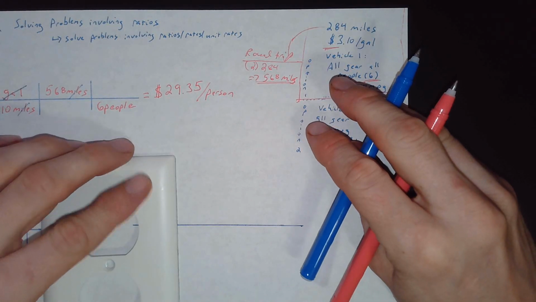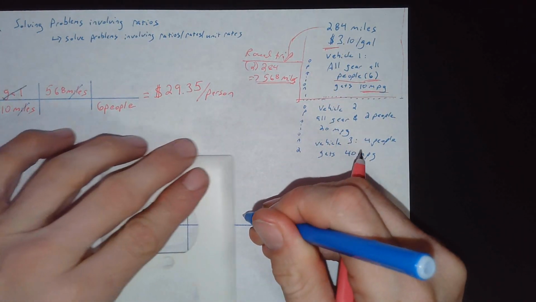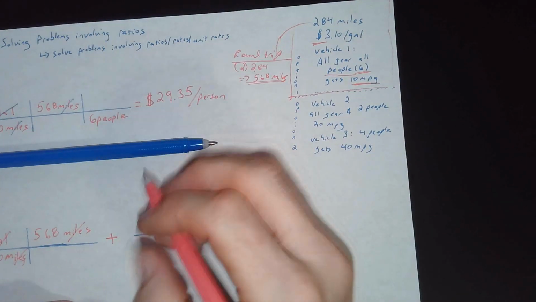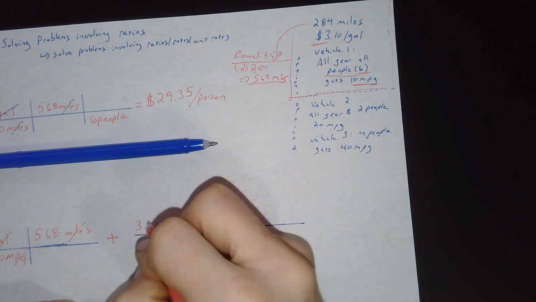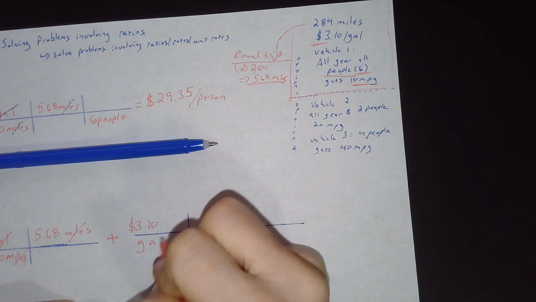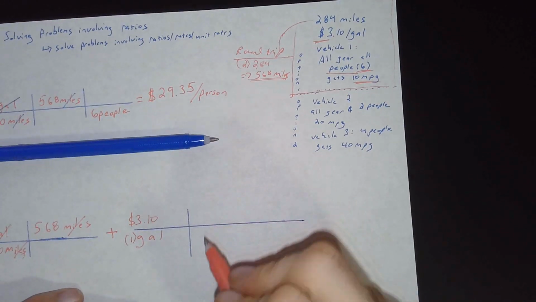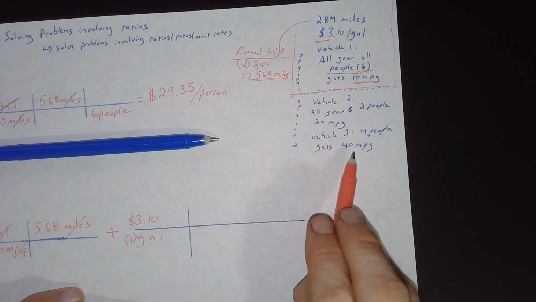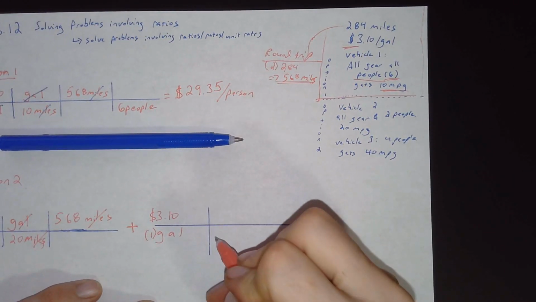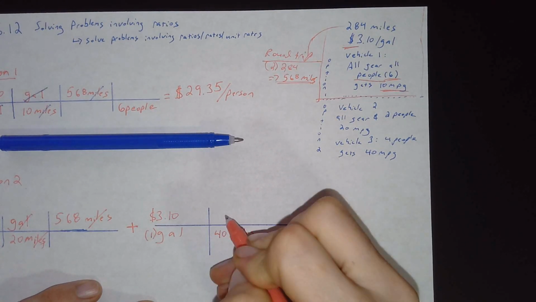And it's going to be $3.10 per gallon. And then this one does 40 miles per gallon.